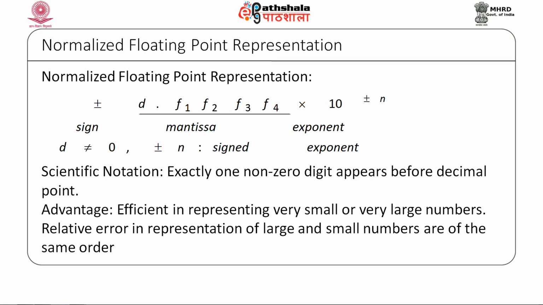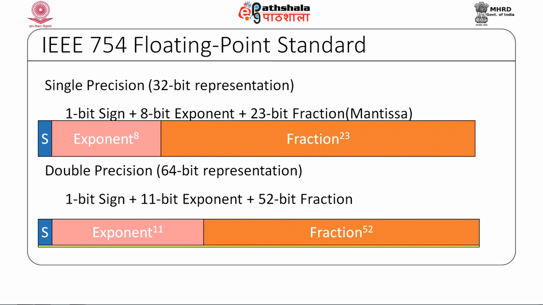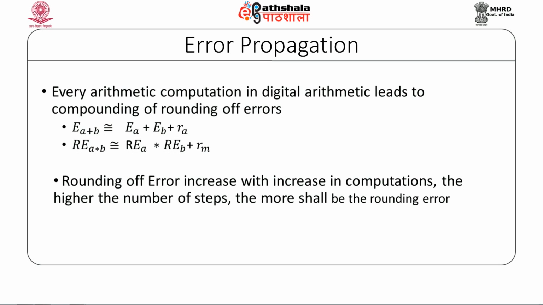So the number will be represented as D.F1F2F3F4 and the exponent E. For the IEEE 754 floating point standard, for 32 bits you have 1 bit S for sign, 8 bits for exponent, and then 23 bits for representing the fraction. And for 64 bit representation, you have 1 bit for sign, 11 bits for exponent and 52 bits for fraction.